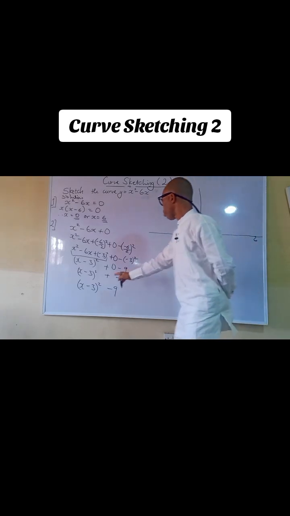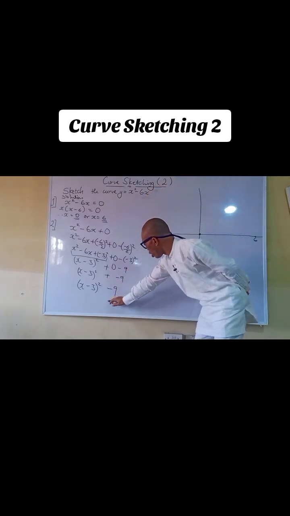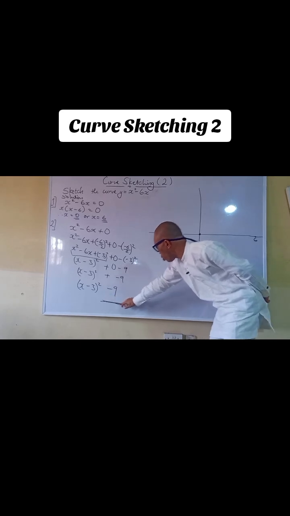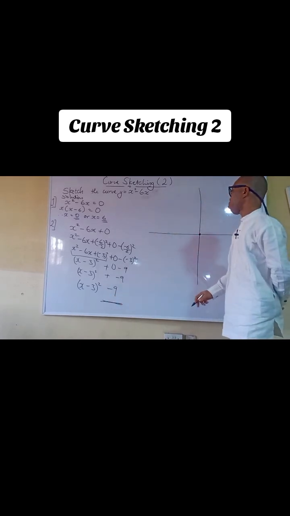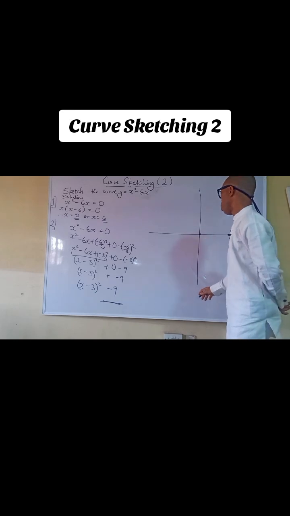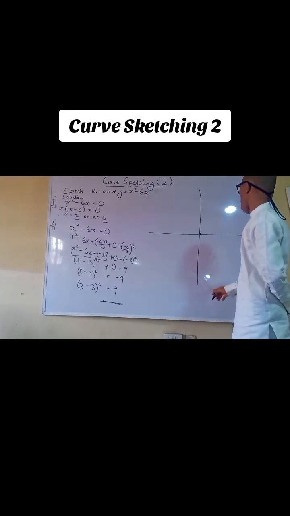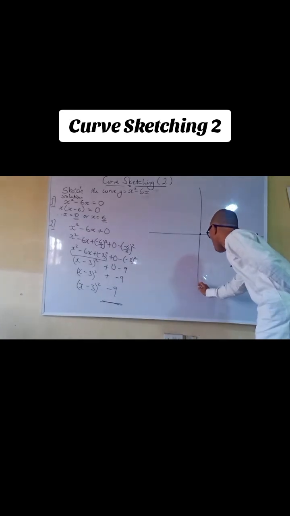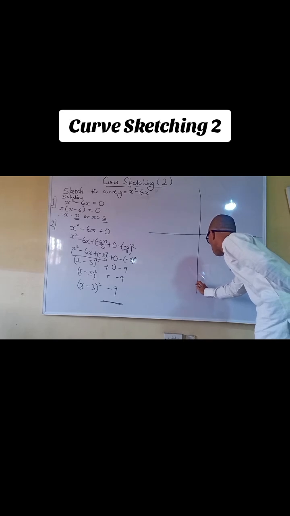Now, the next thing is the value here, which is the point where my graph will cut the y-axis. So at minus 9, so I will take minus 9. Let's say this is my minus 9.